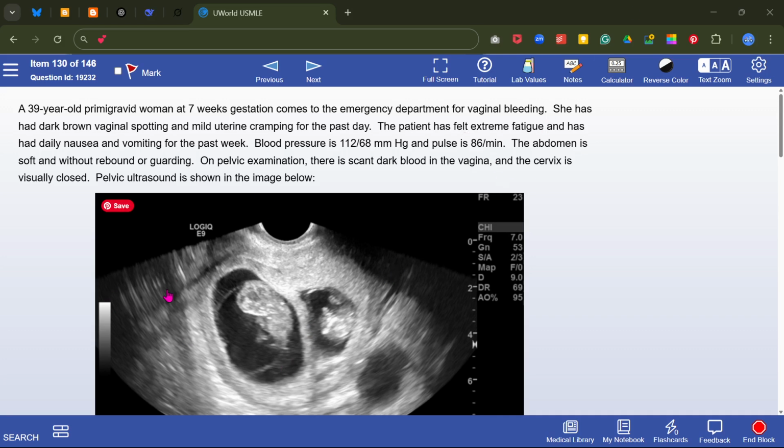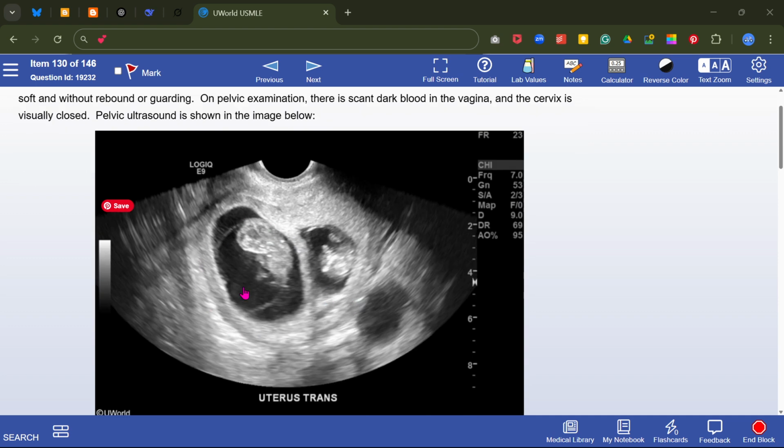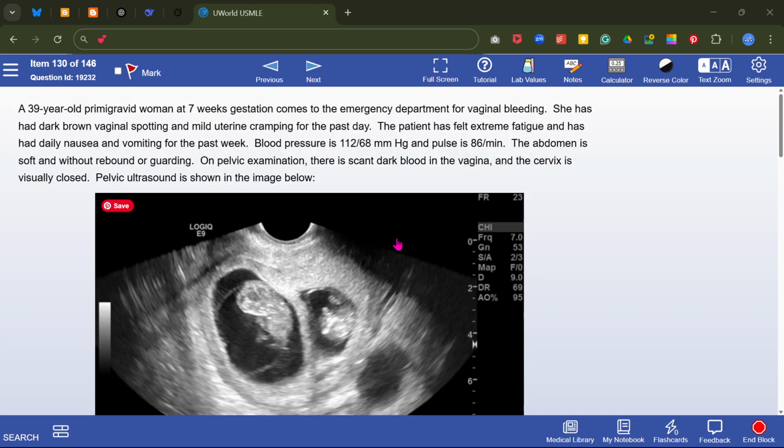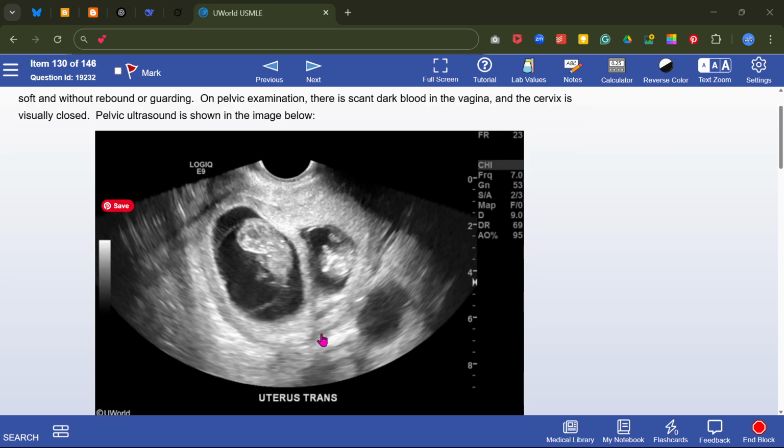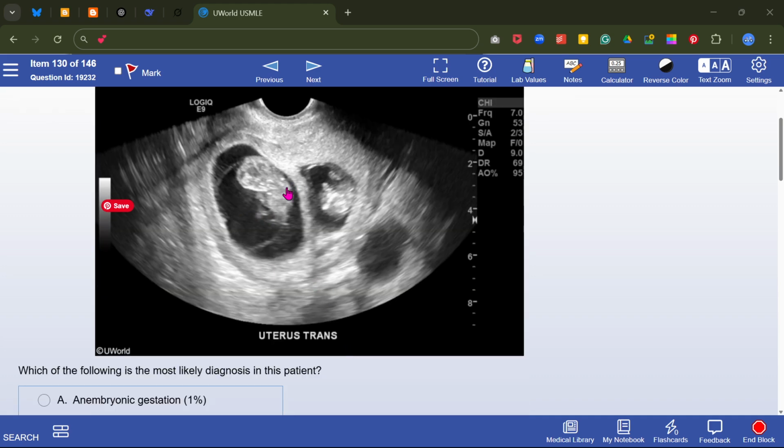Okay, if you look at this picture, looks like there is twin gestation. This one is bigger, this one is smaller. If you don't read the question, look at this ultrasound, this uterus scan. Looks like twin pregnancy.